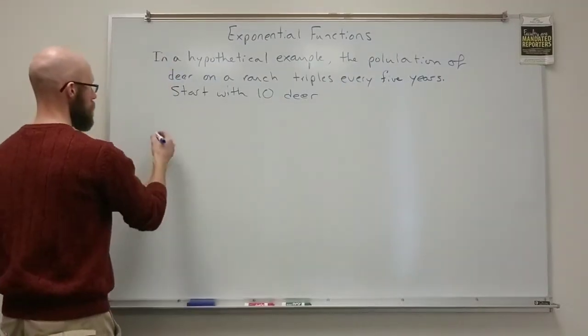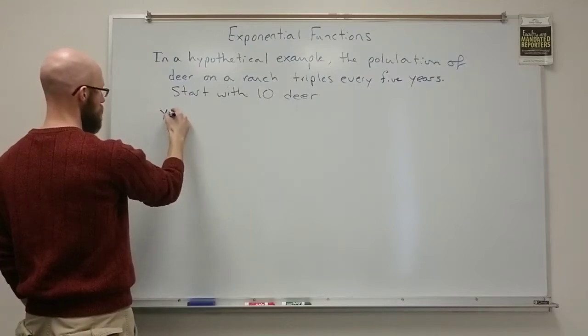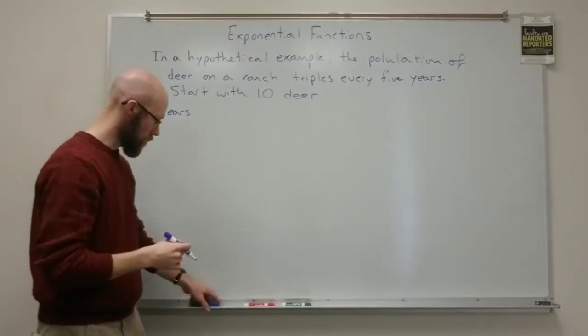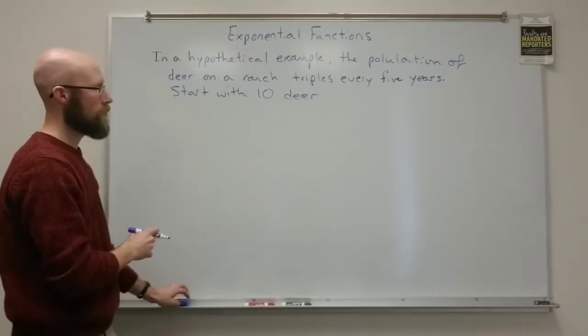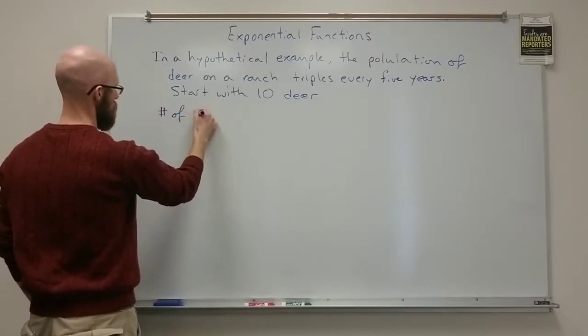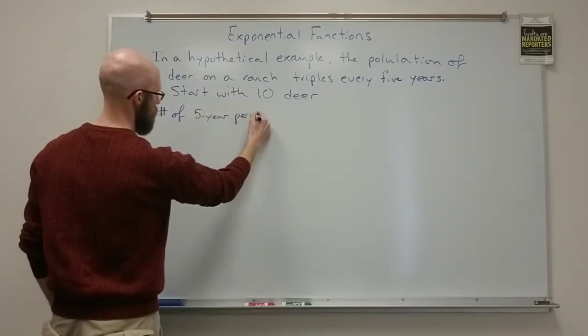Okay, so let's look at a table. We'll set this up with number of years. Actually, let's not go with number of years. Let's go with the number of 5-year periods.